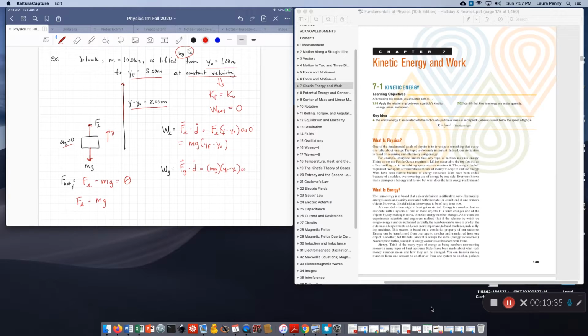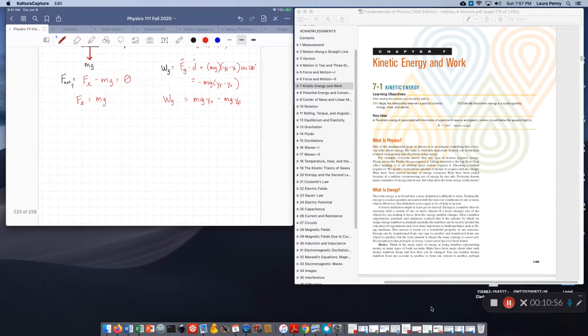And so I have a cosine of 180. And so this ends up being negative mg times y final minus y initial. Or I can rewrite that as mg y initial minus mg y final, the work done by gravity.